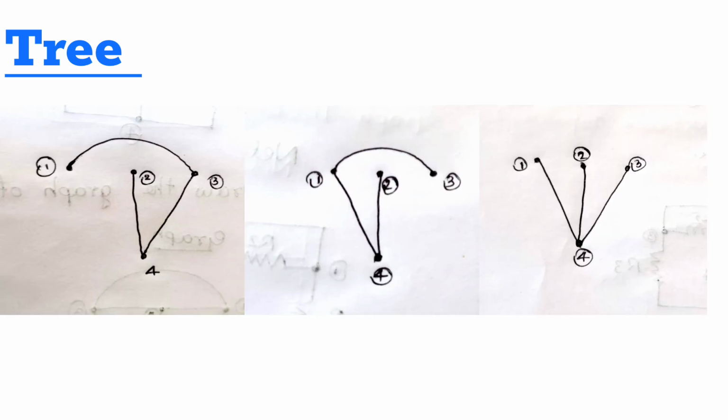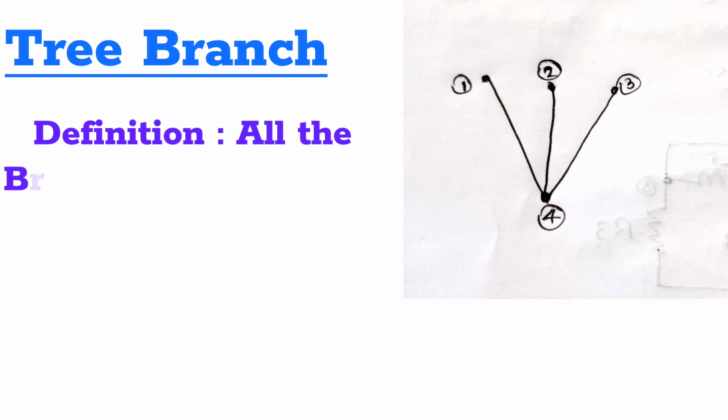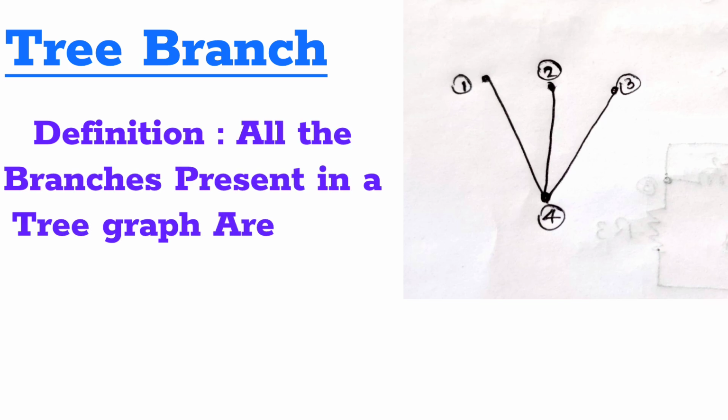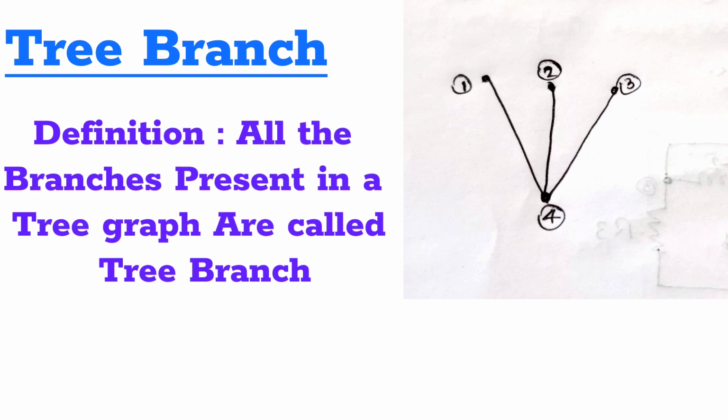From the definition of the tree, we can draw the tree of the graph in 3 different ways. You can observe on the screen. And now comes tree branch. What is tree branch? All the branches present in a tree graph are called tree branches. In this graph we have drawn the tree already.